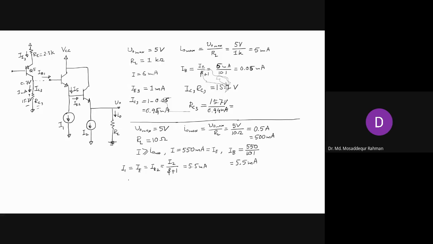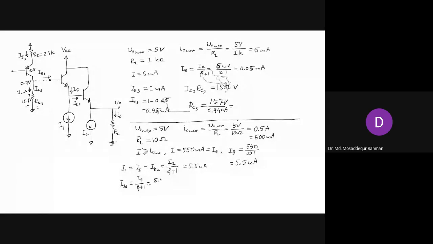And now you have the current here flowing, this IE or I1, and IB1 will be this IE divided by beta plus 1, okay? Which is now your 5.5 divided by 101, and that will be approximately 0.055 milliampere.